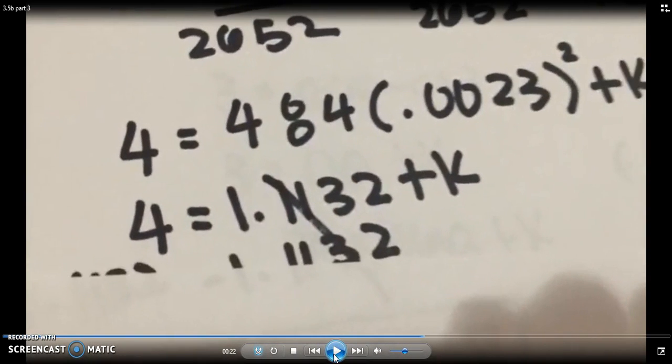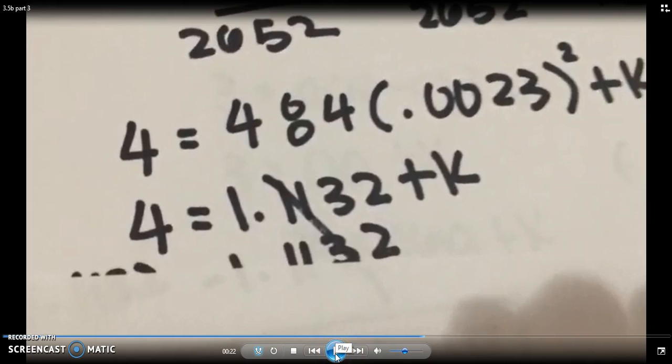So I'm going to plug my a into one of the original problems that I started out with. And I plugged it into 4 equals 484a plus k. So 4 equals 484 times 0.0023 plus k, which is 4 equals 1.1132 plus k.